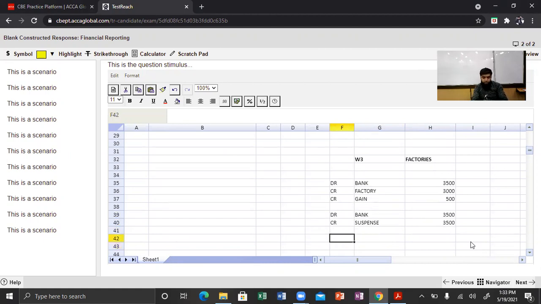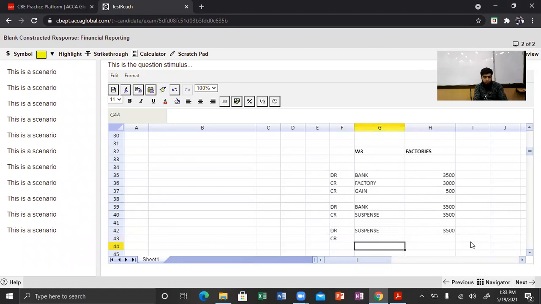Now let's rectify. There is no rectification required on the bank side, but yes, the suspense account should be removed. So let's debit the suspense account with 3,500.